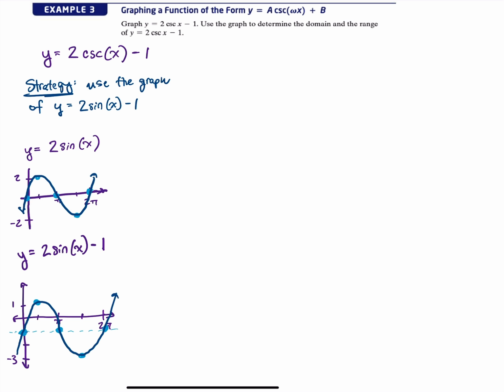So let me label a couple of these. This would be at pi over 2, comma 1, and this is at 3 pi over 2, negative 3, because we have that amplitude of 2 spots above and below that central axis.